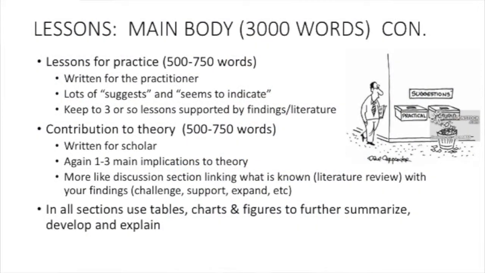Lessons for practice, again, around 2 to 3 pages. This is written, again, for the practitioner. There's lots of suggests and seems to indicate throughout this section. And again, keep it to 3 to 5 lessons or so, supported by your findings in the literature.